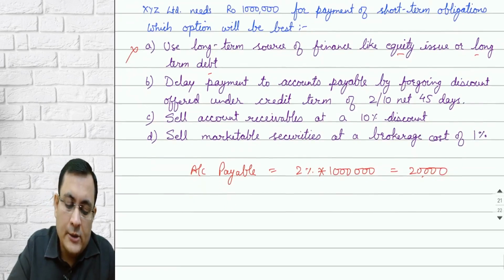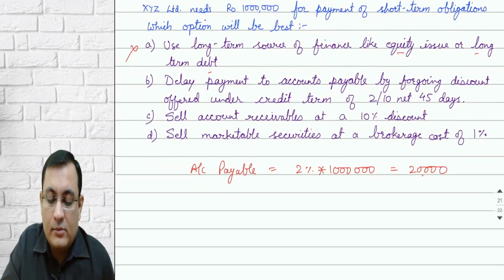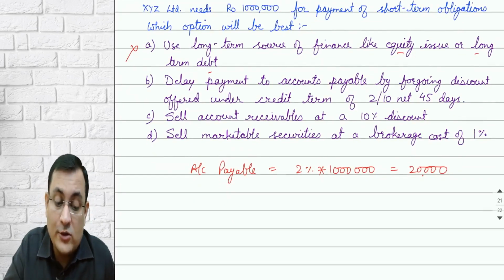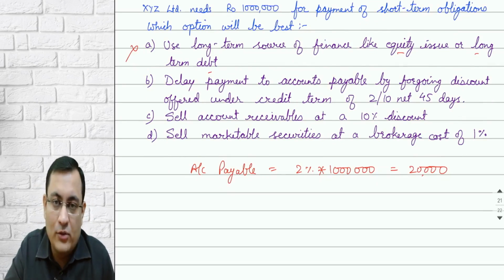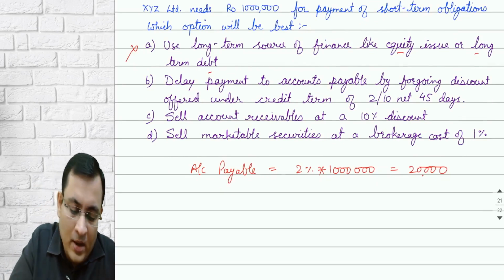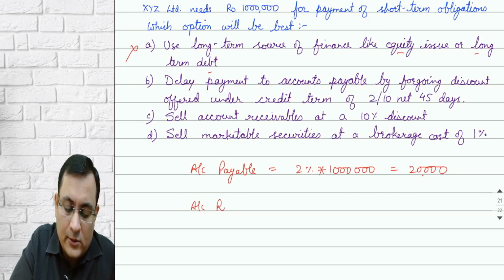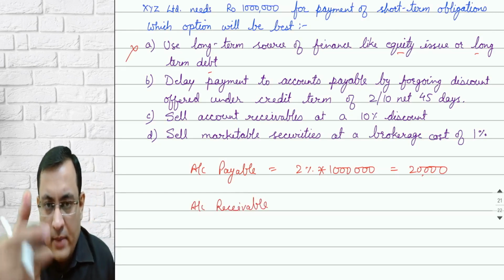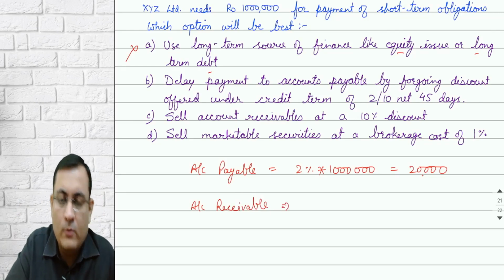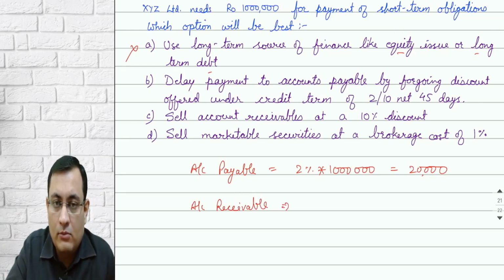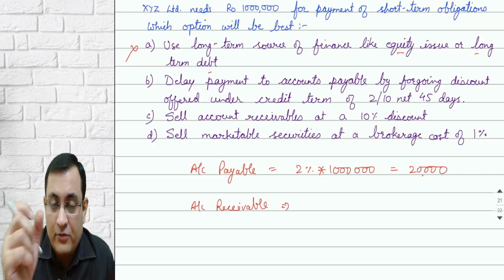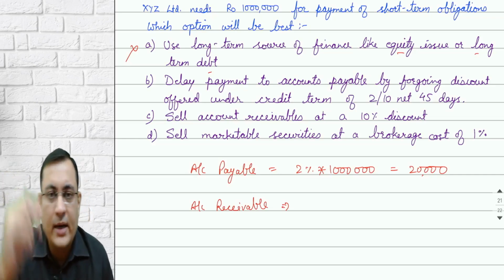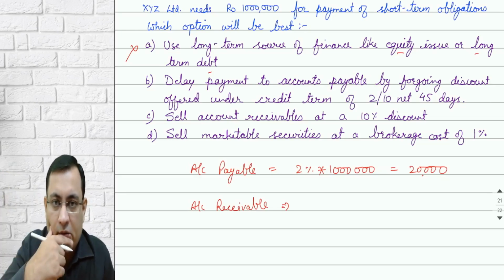Next, sell accounts receivable at a 10% discount. So it's not 10% of 1 million which you will be incurring here. In the case of accounts receivable, the discount will be applicable on the gross value. So how much discount will you incur? It's the difference between the gross value of the receivable and the net value, that is the 1 million which we have received.